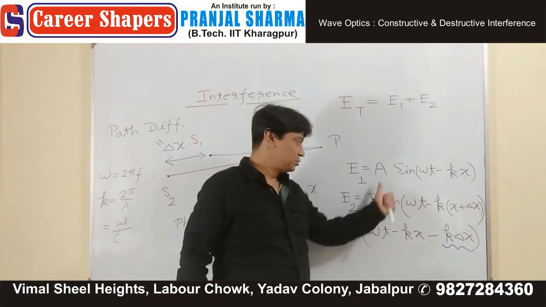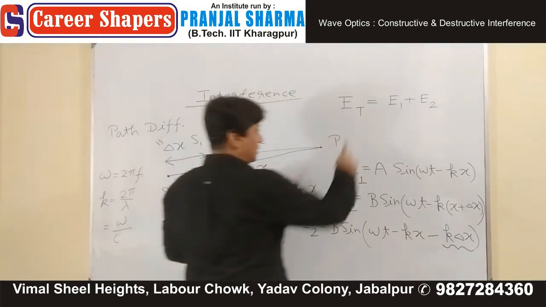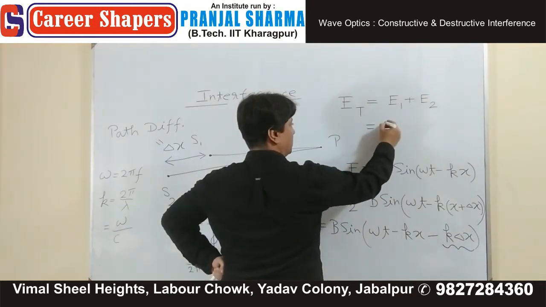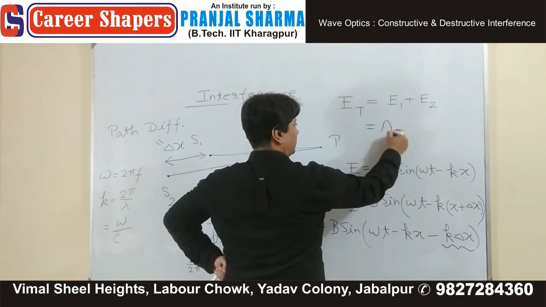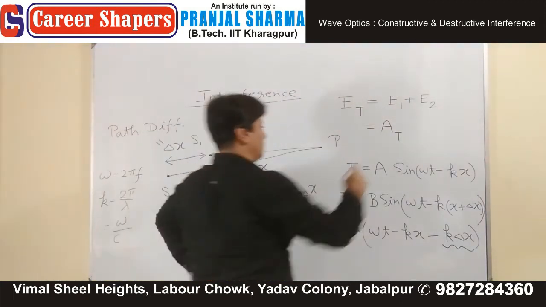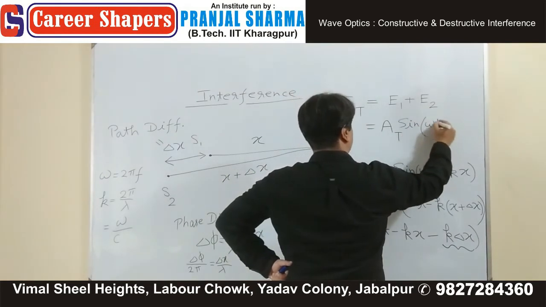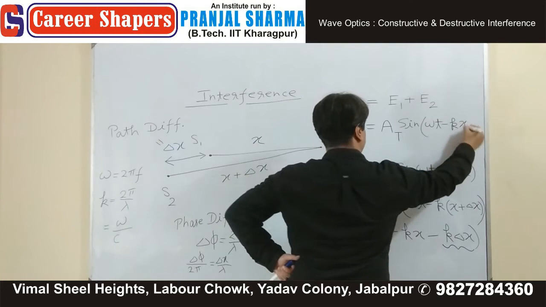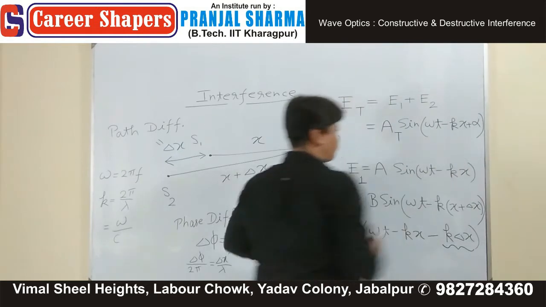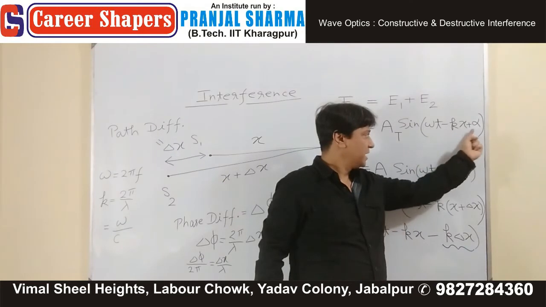Now, I have used A and B so that you can remember something like this. This E total will be total amplitude sine omega t minus kx plus some alpha.